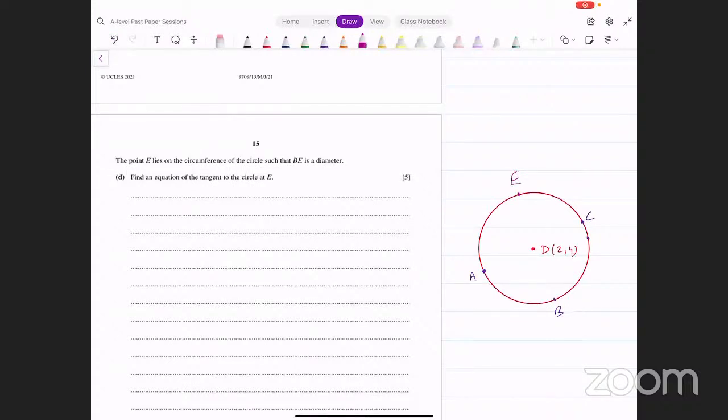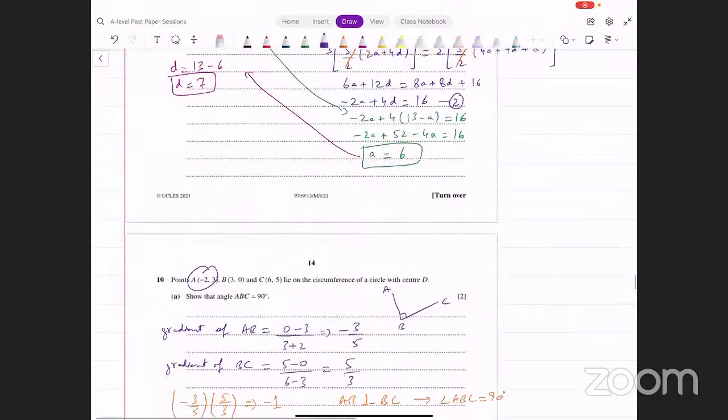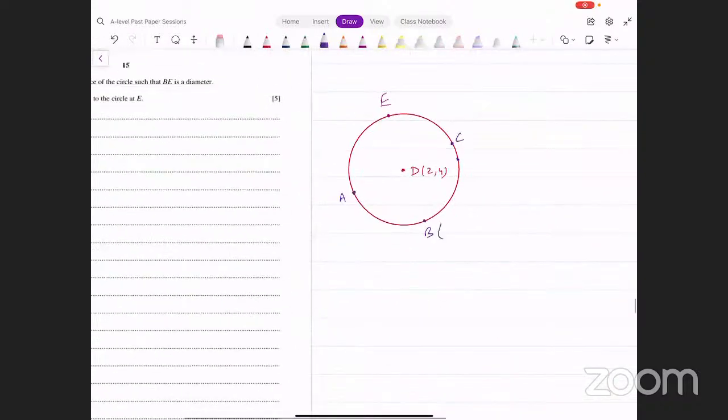Now we need to find an equation of the tangent to the circle at the point E. अब पहला मसला क्या है? E के कोऑर्डिनेट्स नहीं पता हमें, और दूसरा क्या है, हमें टेंजेंट के लिए ग्रेडियंट भी चाहिए होगा। सबसे पहले क्या करते हैं, E के कोऑर्डिनेट्स निकाल लेते हैं। वो कैसे निकालेंगे? We know B is 3 0.